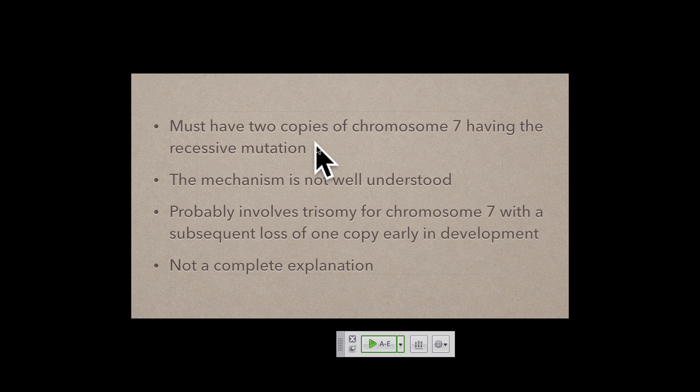Would that happen normally? No. How it happens isn't really clear. But what is thought is that it probably involves an aneuploidy for chromosome 7 and then a subsequent loss of one of those.